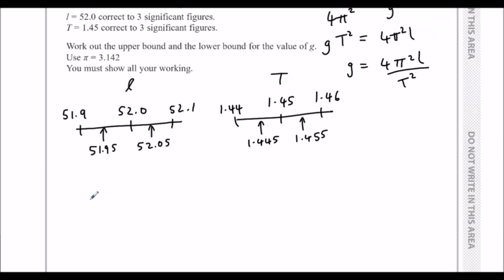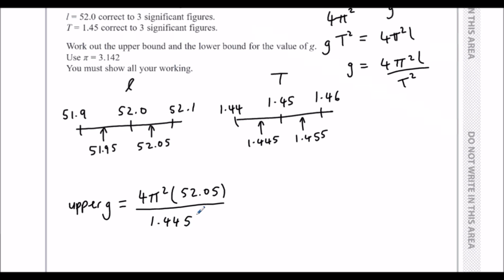So if we want the upper bound for G, we want to do upper L divided by lower t. So to get a bigger answer, we divide by a smaller number. So it's going to be 4 pi squared times the upper L, 52.05, divided by the lower t, 1.445 squared.